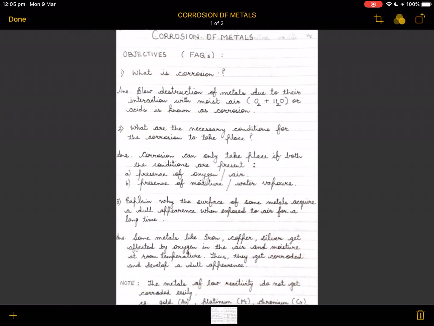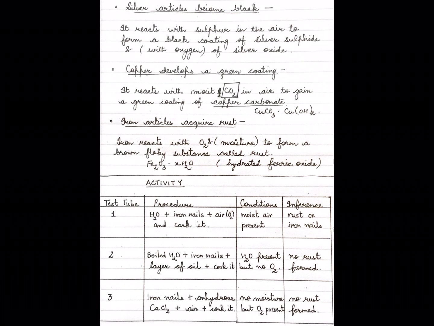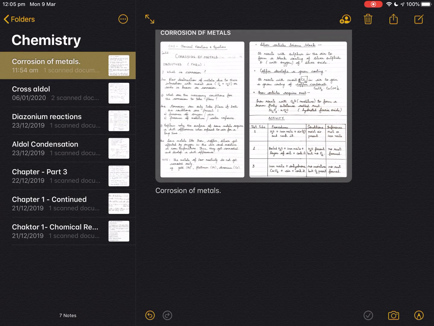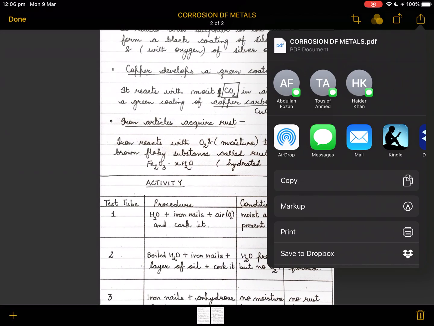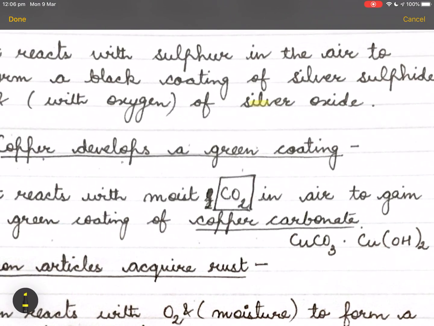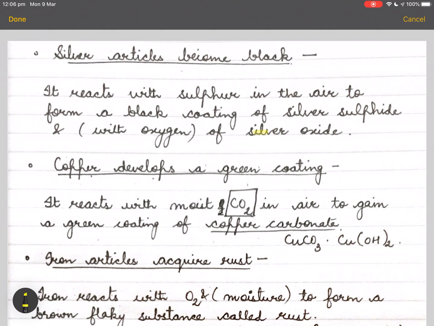So now we are going to learn more about corrosion step by step when I talk about the different types of metals. In your syllabus you have 3 metals. One is iron, the other one is silver, and the third one is copper. As I told you before, silver articles become black. Two very important things you need to keep in mind.